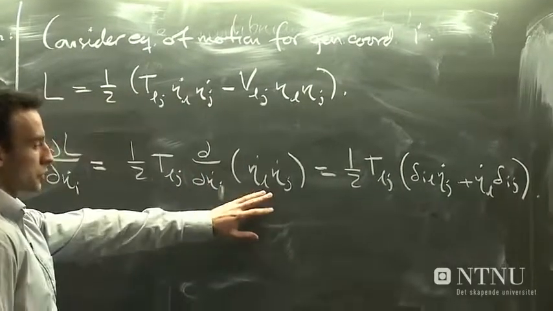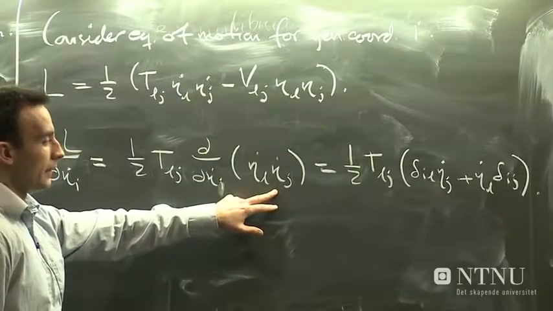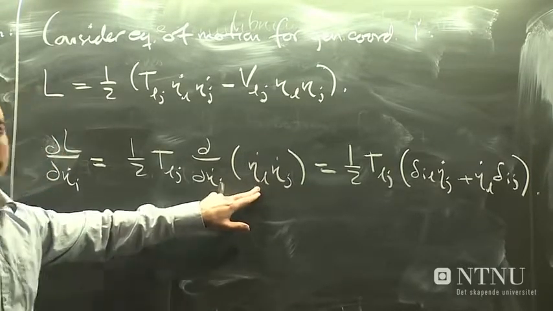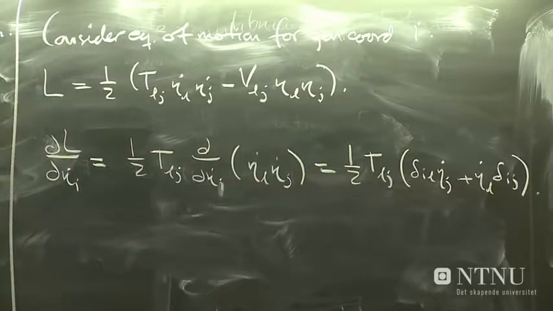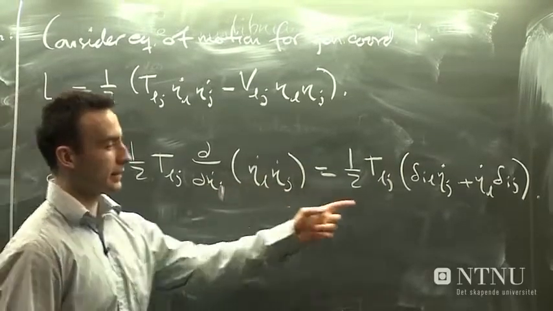So you get two terms from deriving each of them. And here you only get a contribution when i equals l. And similarly, when you derive this term, you only get a contribution when i equals j.